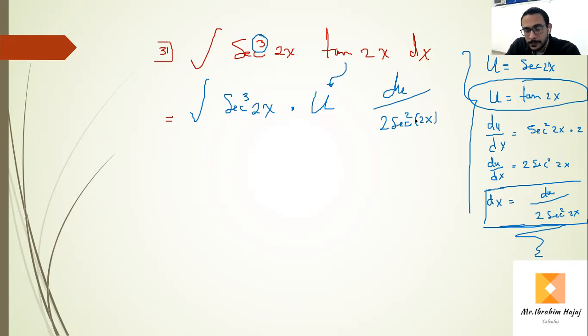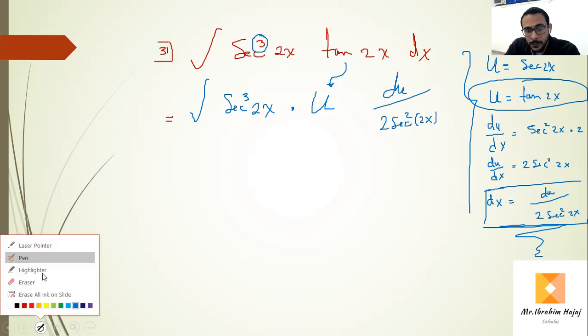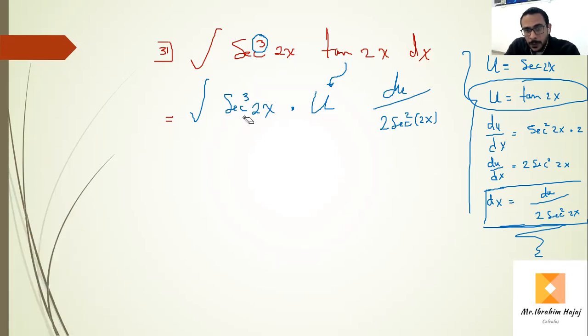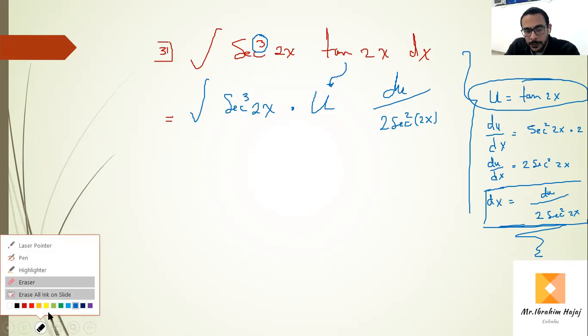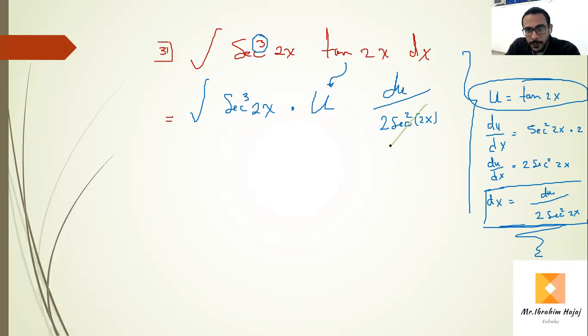Mr., we took the sec as u. Why did you put sec cubed? It should be u cubed times tan 2x. No, I substituted u by tan. I said I would try tan. We can cross out the sec squared 2x with the sec, and we still have only one sec 2x up here, times u, and then du over 2, which is 1 over 2.